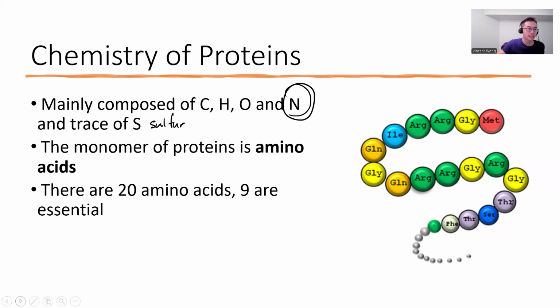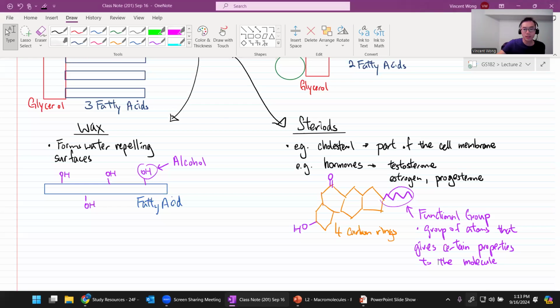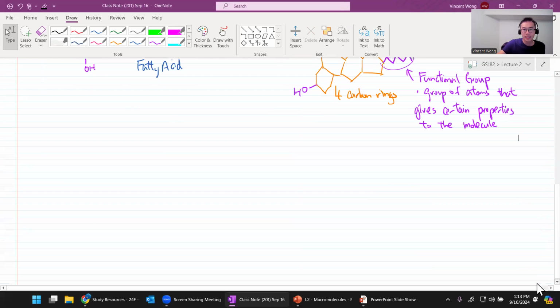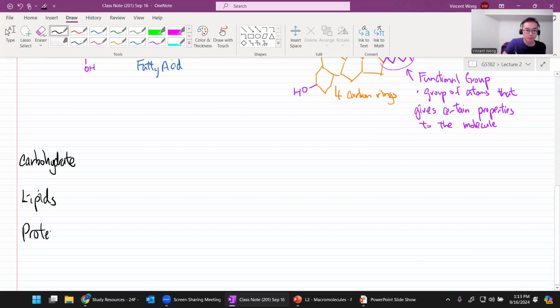Amino acids. Now, I do want to go here and just quickly write this down for you because I know it's a lot of things here and there and people are getting confused perhaps. So I want to do carbohydrate, lipids, proteins, and nucleic acid in a bit.